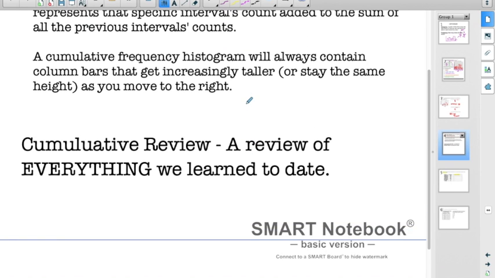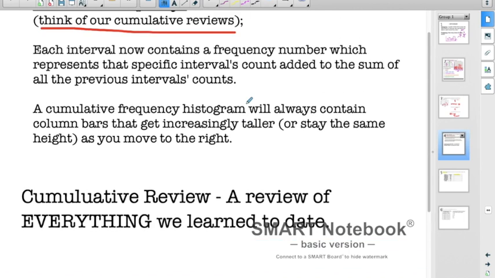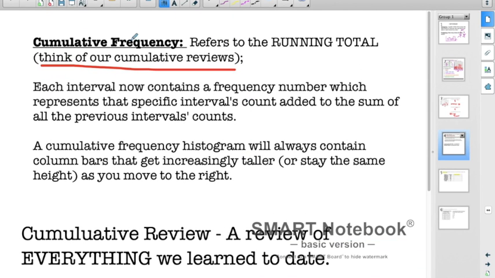So it's reviewing everything we already learned, the same exact way that cumulative frequency works. Each interval now contains a frequency, which represents that specific interval's count, added to the sum of all the previous intervals. Okay, so it's adding on to everything previously, just like cumulative reviews.